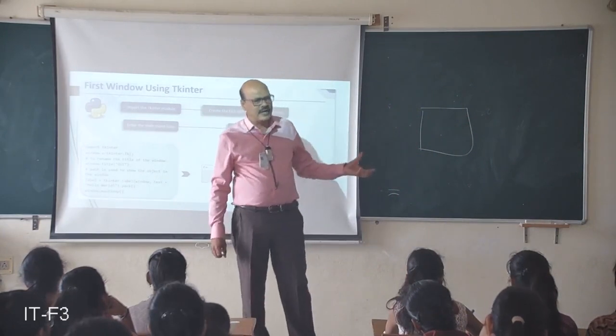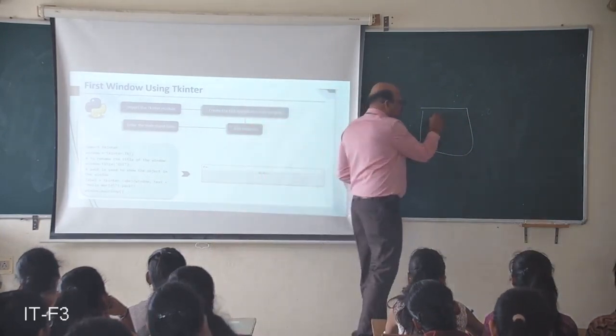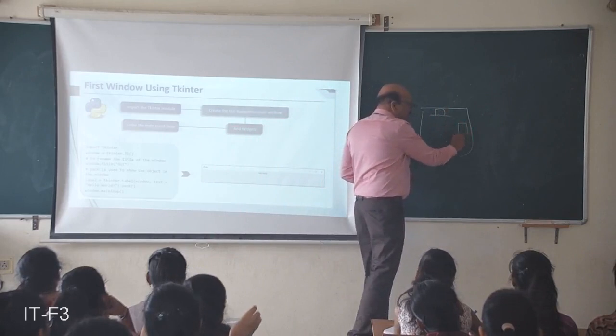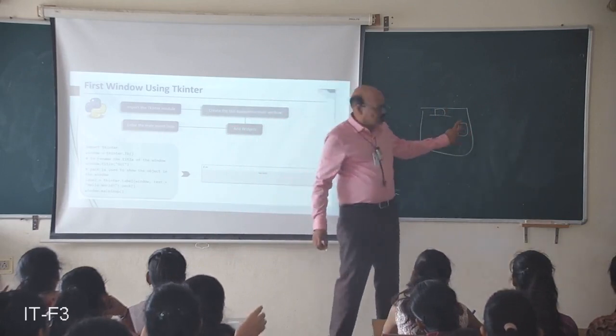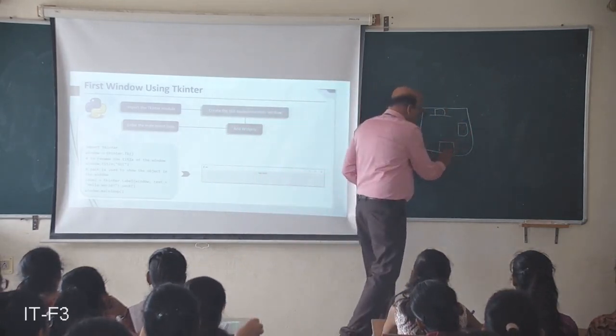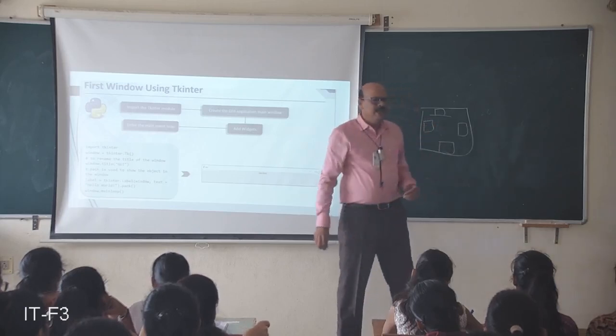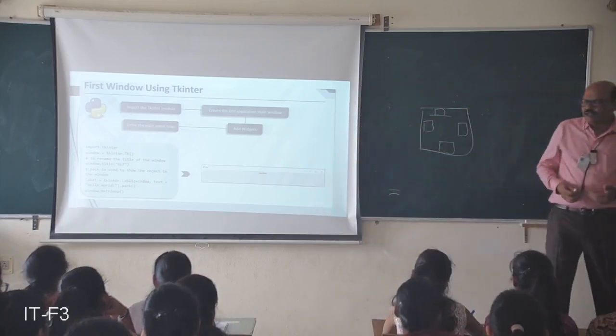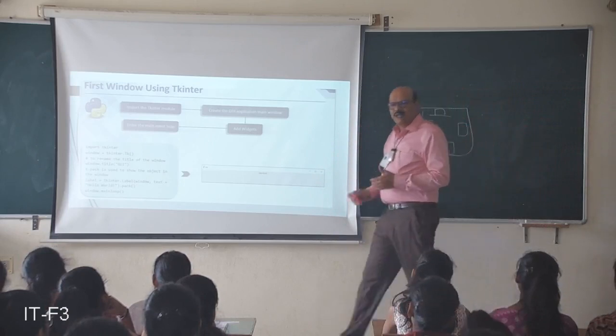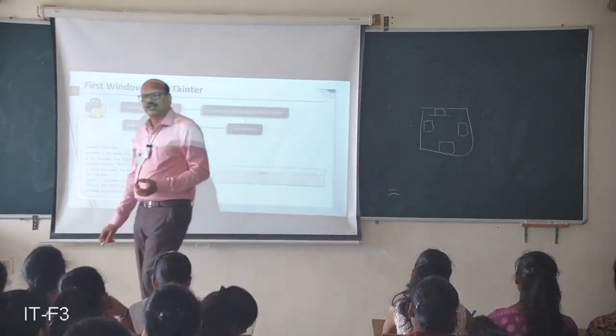Whether I want to add this label at the top left, or here, or at the bottom, depending on where you want to add, you have to use different geometric managers.